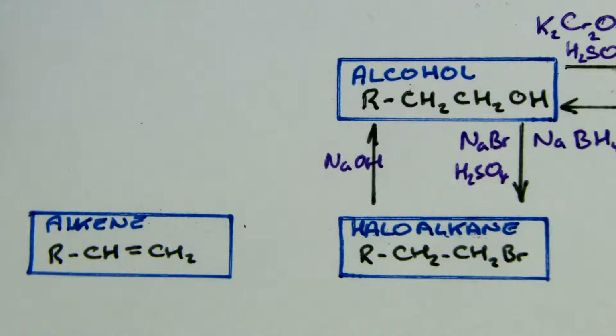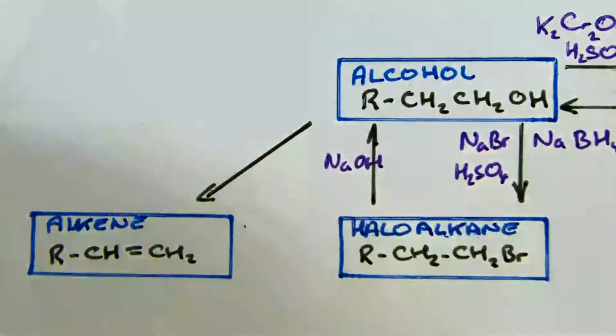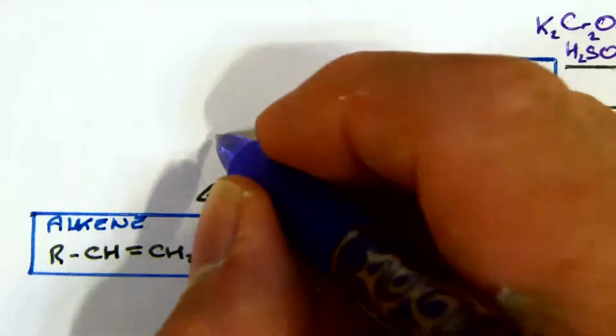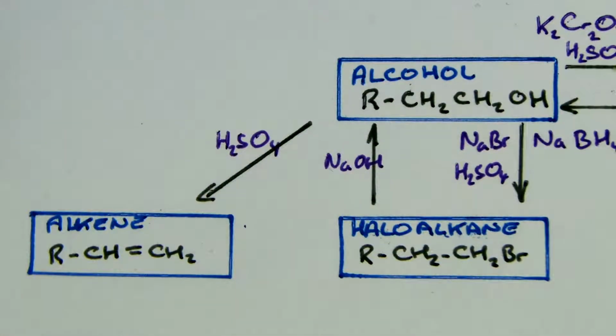I could do that from an alcohol though. So an alcohol, we can do this with H2SO4, and I've made there an alkene. And if I want to make my alkene into a primary alcohol, then I would do something like adding phosphoric acid and water.